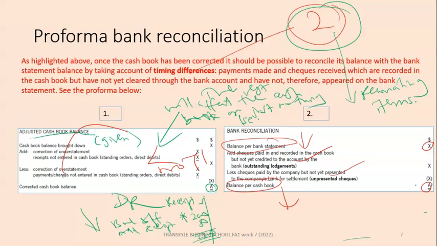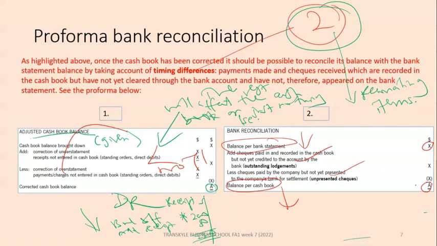So if we start with the balance per bank, we take the balance per bank statement and then add the checks paid in and recorded in the cash book but not yet credited to the bank.